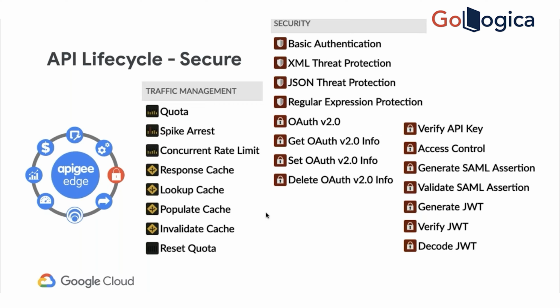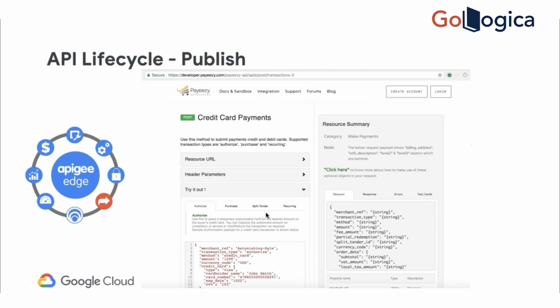So here you can manage traffic quota, do spike arrest, do rate limiting, and you can attach a lot of security like basic authentication, XML threat protection, JSON threat protection, and all kinds of various security activities you can perform. So we will cover security in depth later on. We will spend a lot of hours and do a lot of labs as well for various security operations.